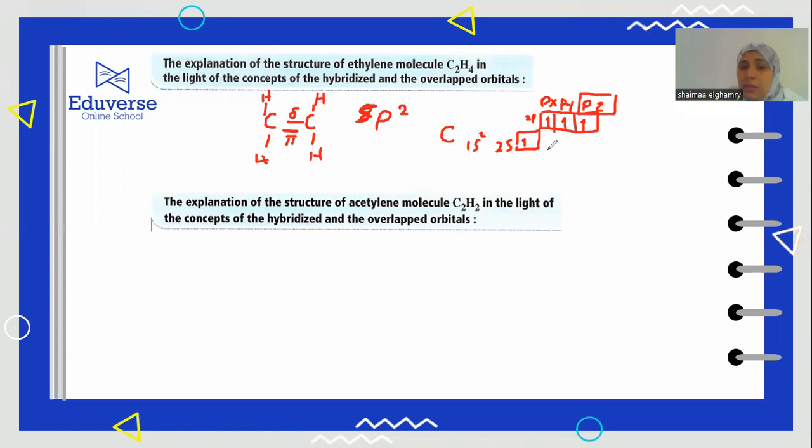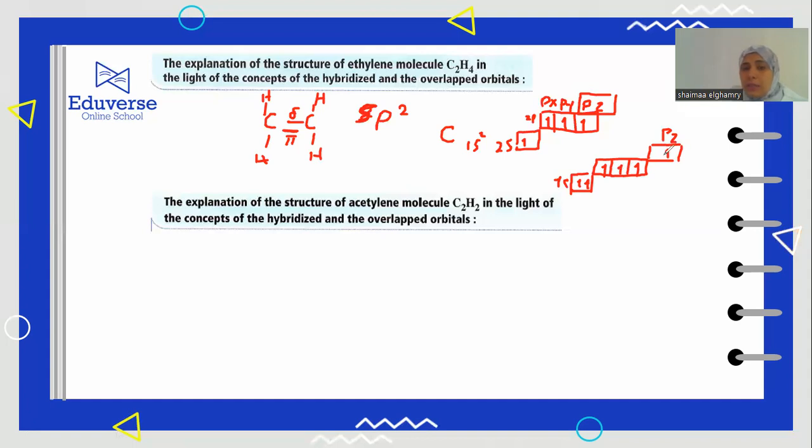After hybridization, the structure of carbon is 1s2, and 2s with 2p hybridized into 3 hybridized orbitals, and pz remains without any hybridization.